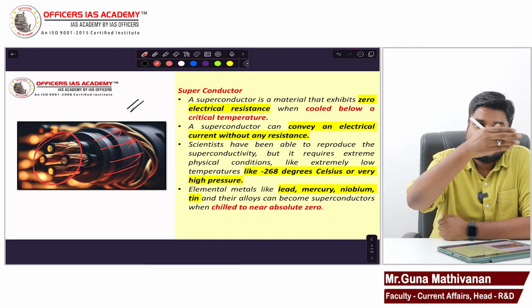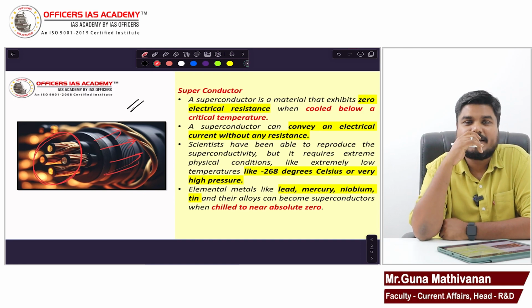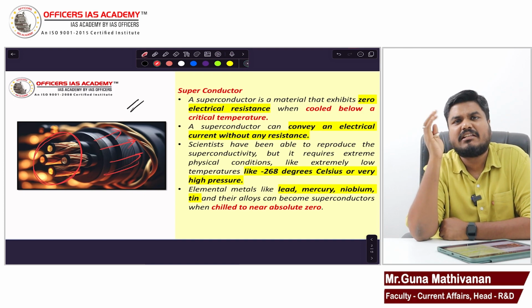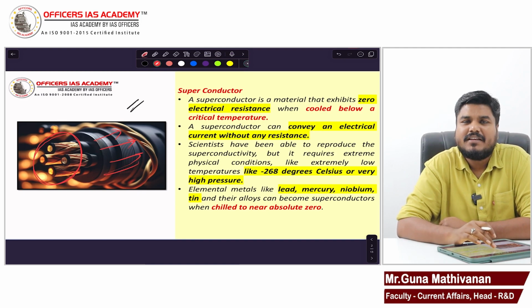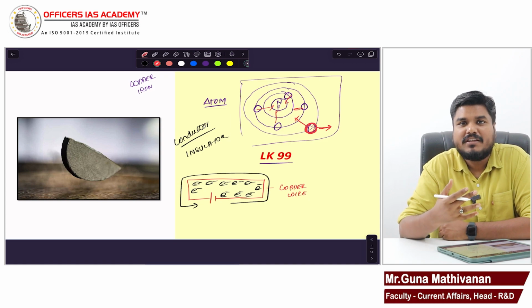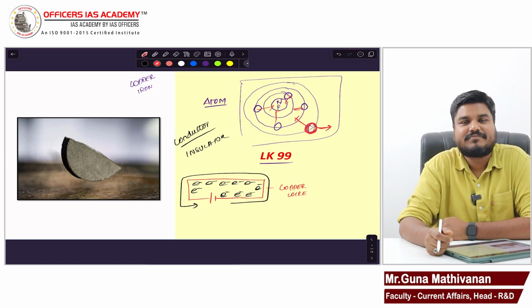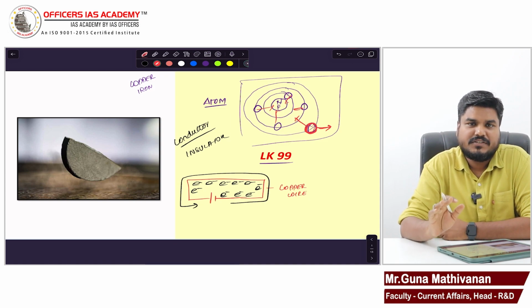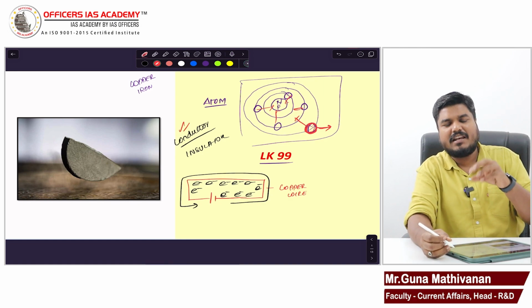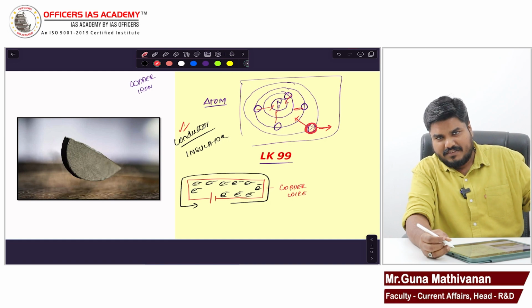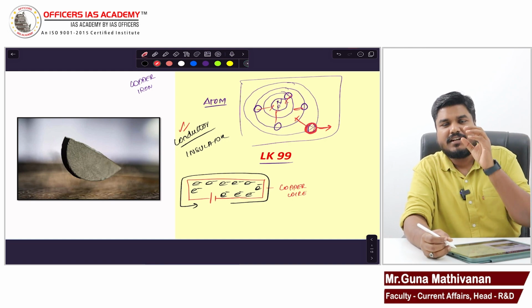Once that wire is connected to a power source, the electrons will start moving at a greater speed. So that movement will constitute current. Clear? So now you got what is a conductor. A conductor is a material where there will be free electrons, so the electrons move, and that results in current.